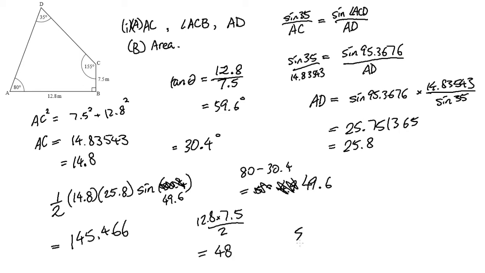And so the sum of the area will be the sum of both of them, which results in 193 meter squared, 3 significant figures.